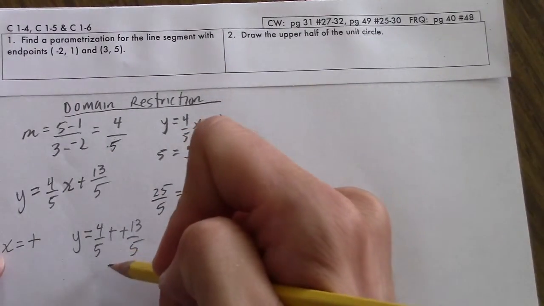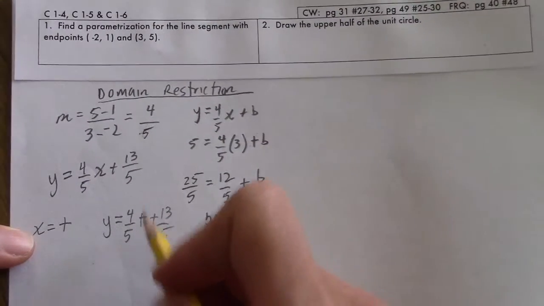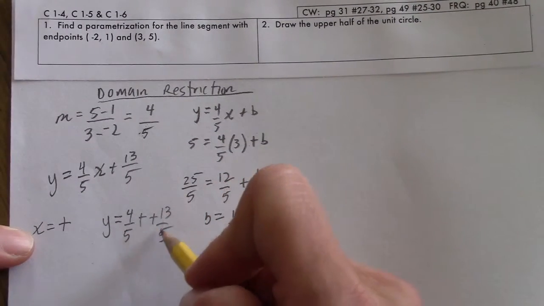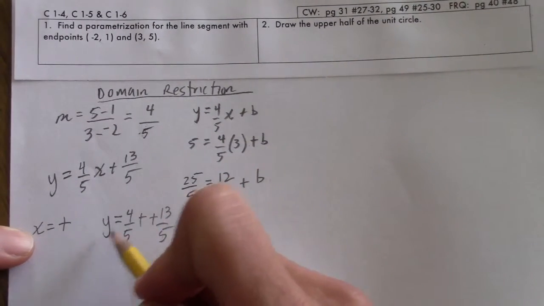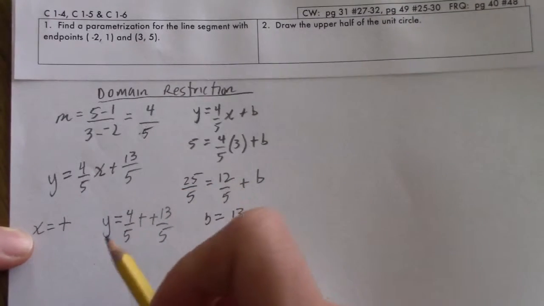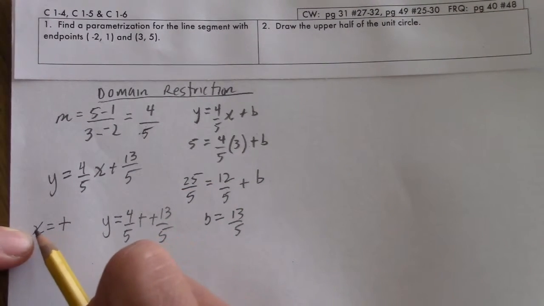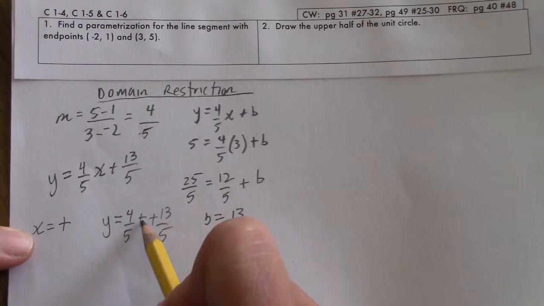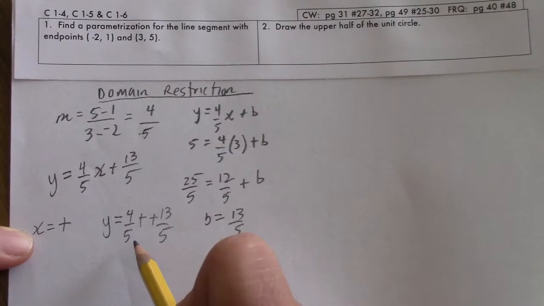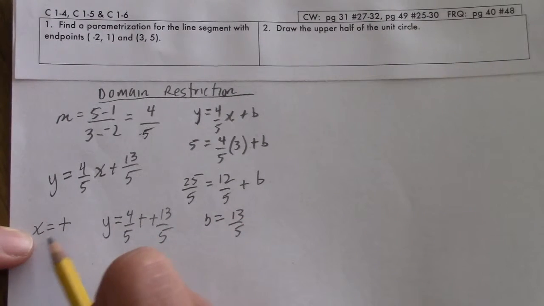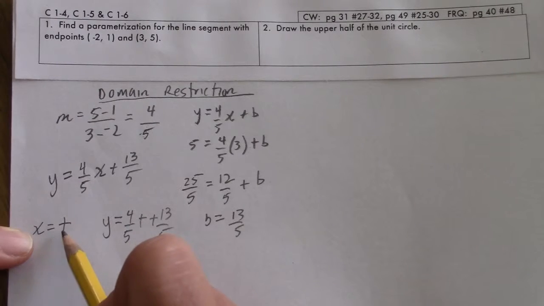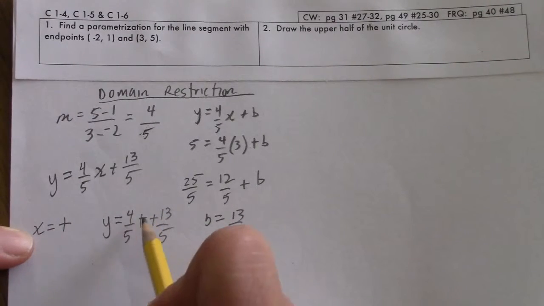So this is my parametric equation pair right here. 4/5 t plus 13 over 5 is the y, and then x equals t. So you can imagine we could go backwards: x equals t, plug that in, and now we have our Cartesian form. I think it's this little step that makes this the easy way, because x equals t, so we just go back and forth.